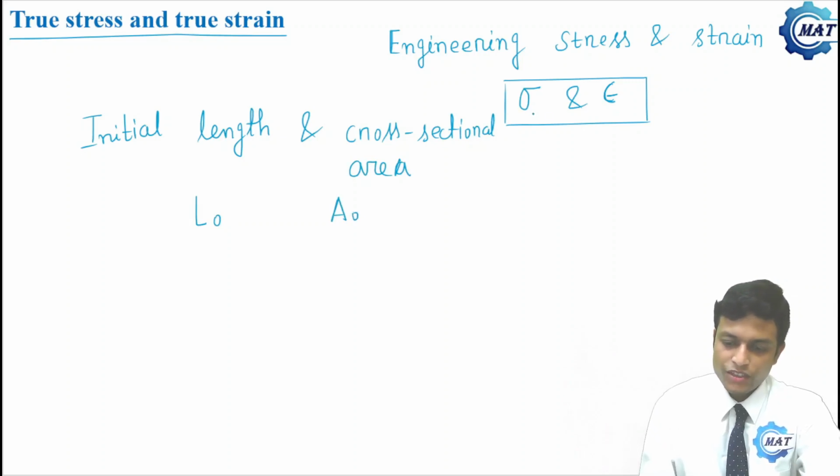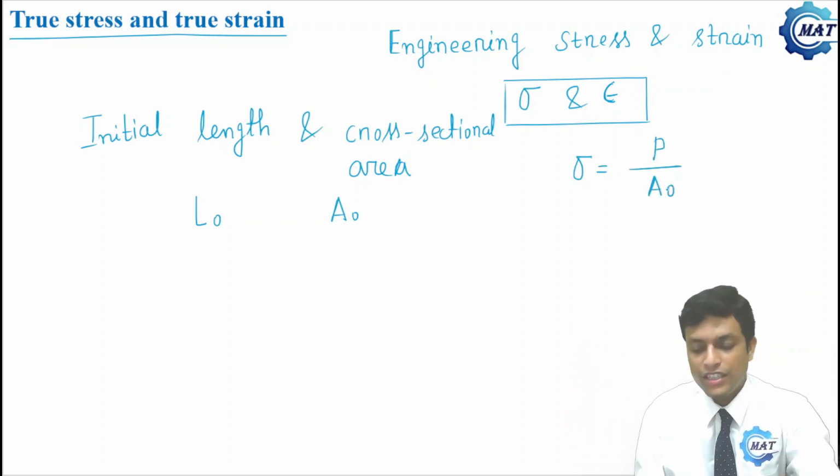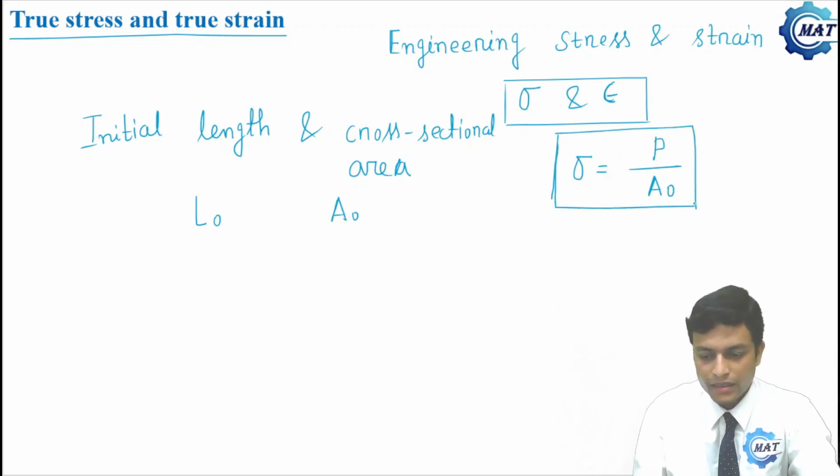We determined stress as P by A0, where A0 is the initial area of the component. But whenever a component is subjected to a force, at any instant its cross-sectional area is not equal to the initial area. The area is also changing.